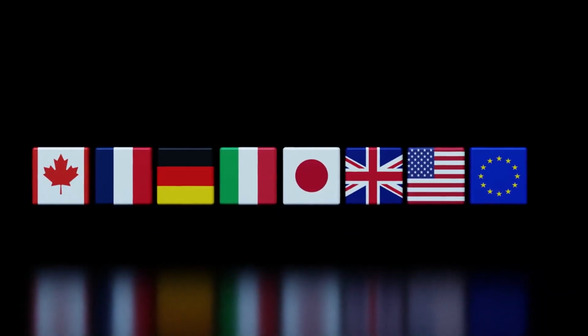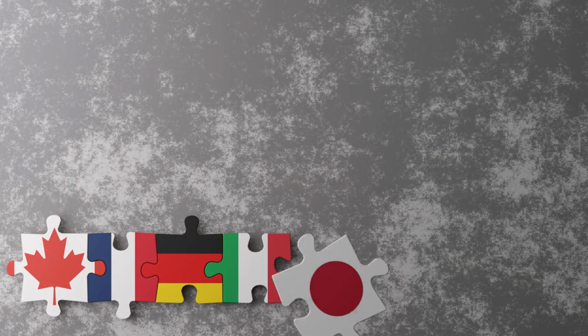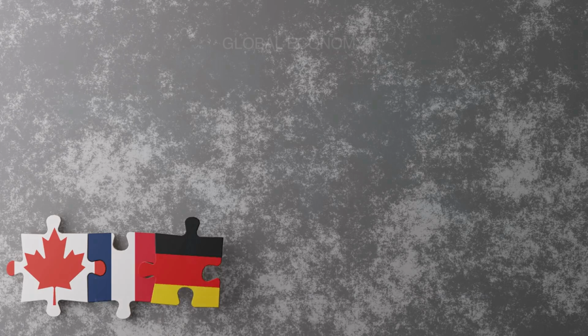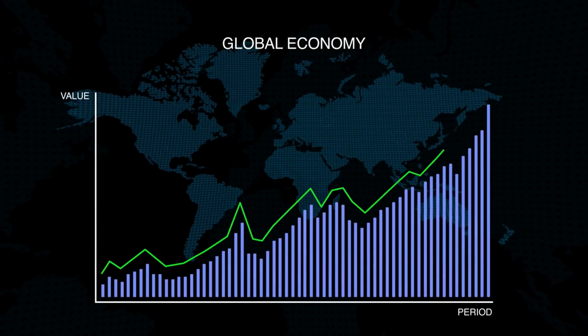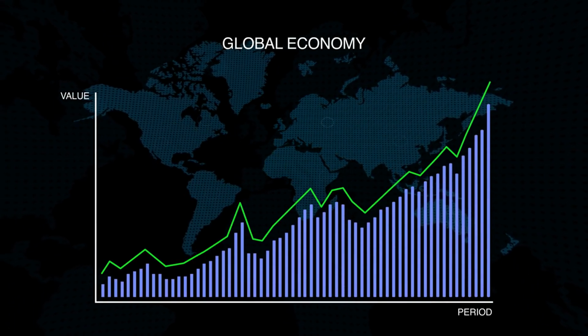First, no single country dominates every sector. For example, one country may lead in technology, another in manufacturing, and another in energy resources. By investing globally, you're effectively buying exposure to multiple growth engines of the world economy.